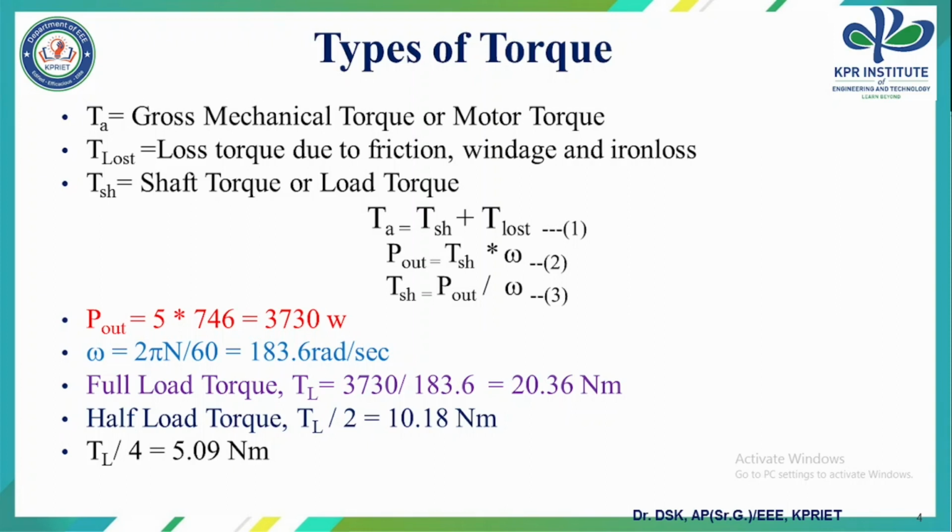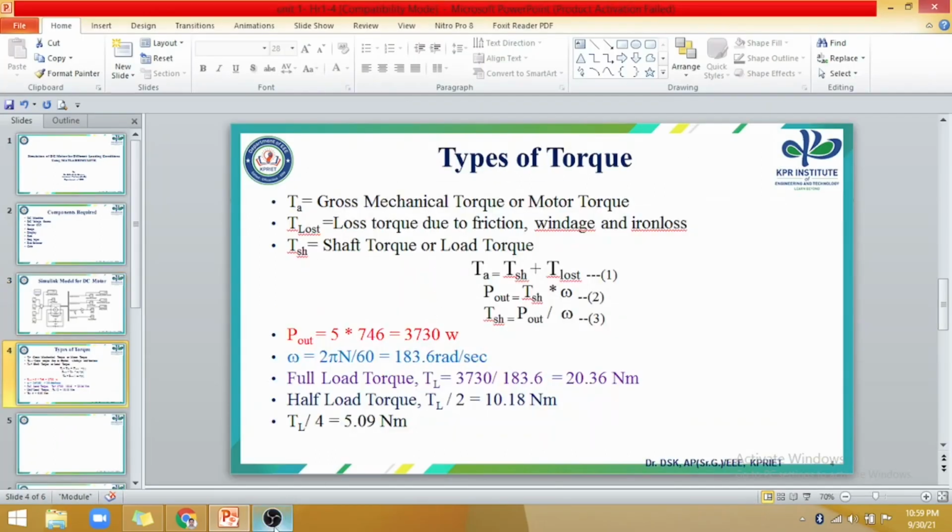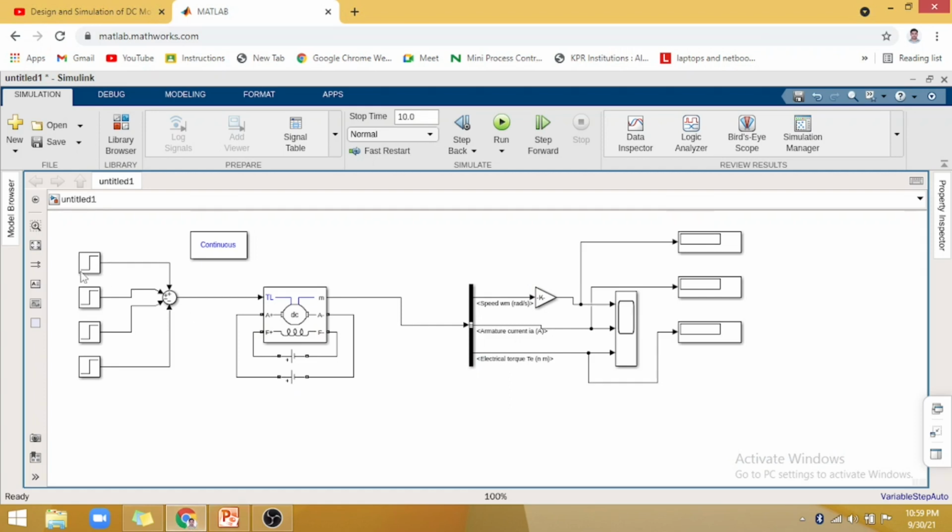Next for the half load, it is TL by 2, whose value is 10.18 Newton meter, and for 1 by 4th of the full load, it is 5.09 Newton meter. So we are going to apply all these values at different time instants.